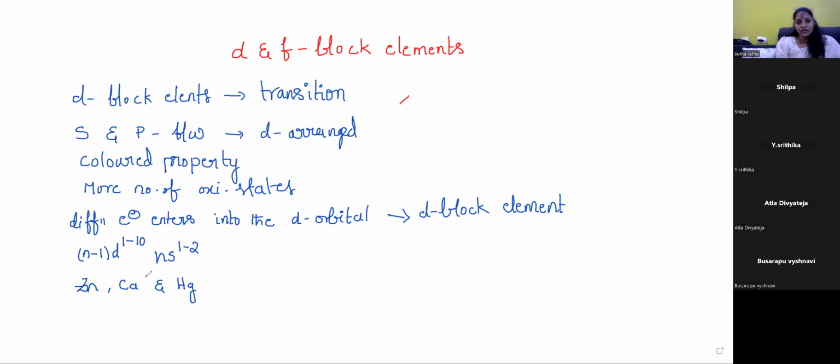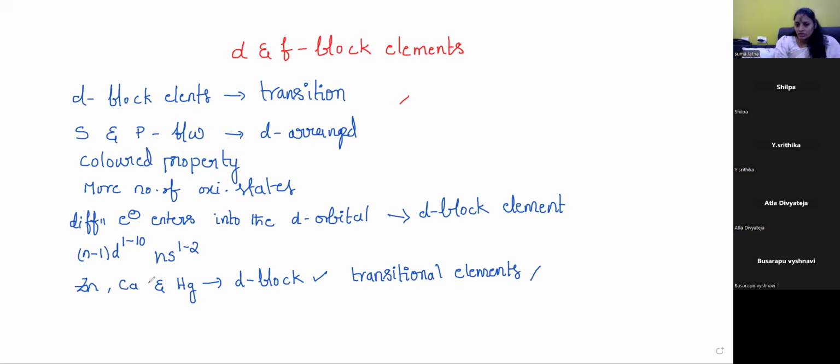These elements come under D block, but they are not transition elements.